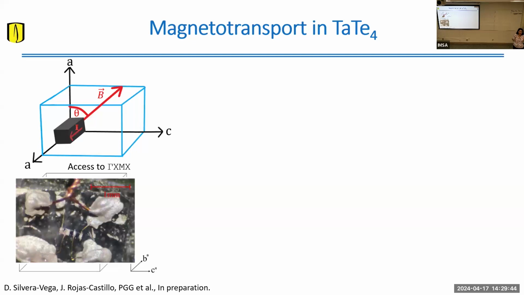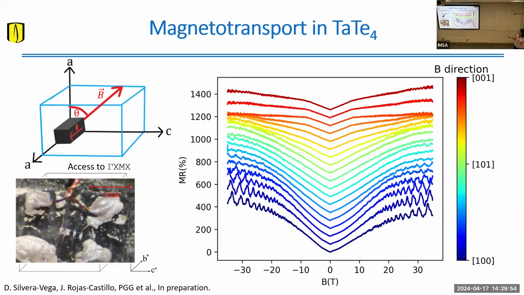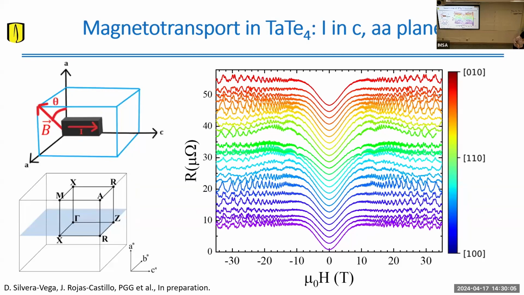And if you think of doing interesting things like the ones you care about, like Hall, that's a complete nightmare to do in these kinds of samples. But we are working on it. So in this plane you still have some suppression of the magnetoresistance, but you can observe really nice quantum oscillations. So how much time do I have?